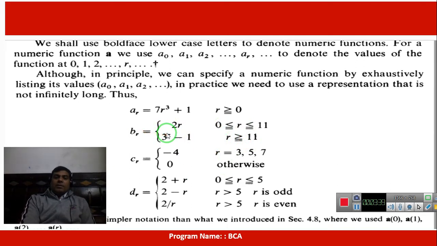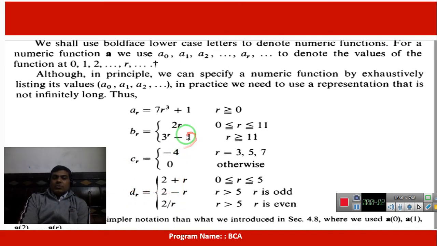Basically we have solved some series, so the solution of the series is this. We have written in the form of AR, BR, CR and DR. If we are taking AR here, this will generate the AZ function. If BR, the BZ function. If we are taking the CR, the CZ function, and DR generates the DZ function.